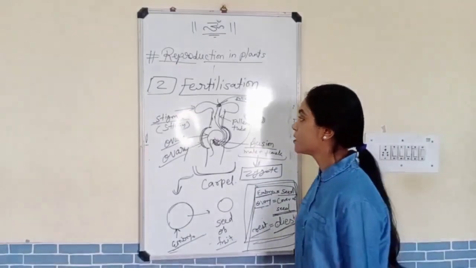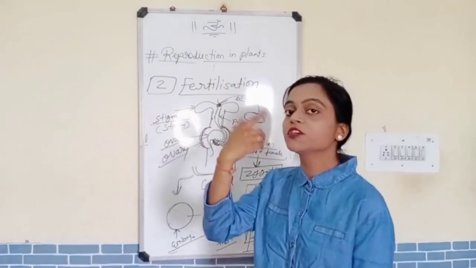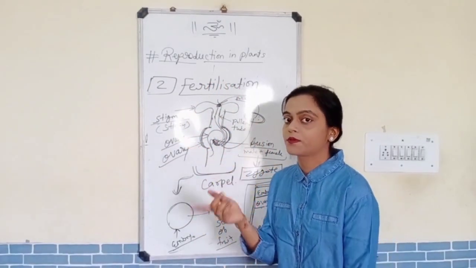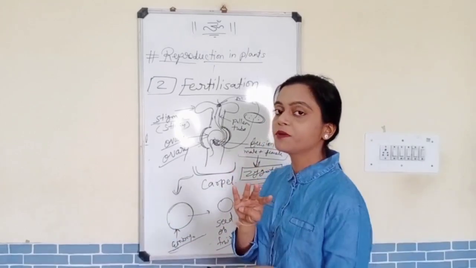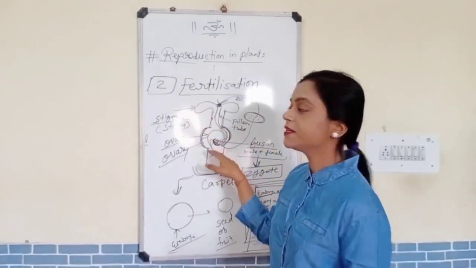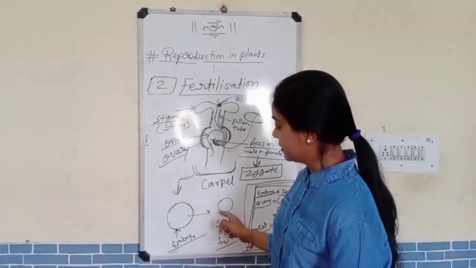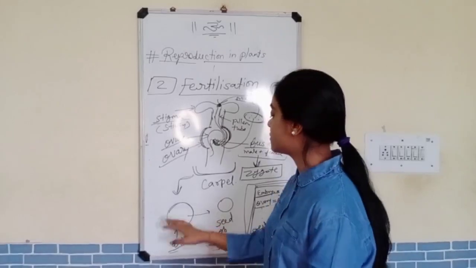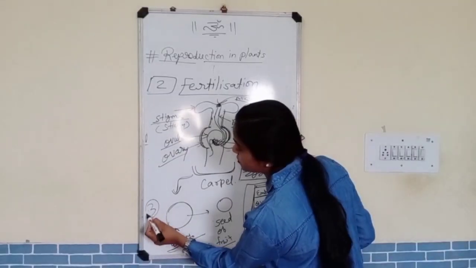Now, the third step is the formation of seed. We have written before the four steps of reproduction. The second we have completed, but the third process we have also learnt, how a seed forms from this embryo.